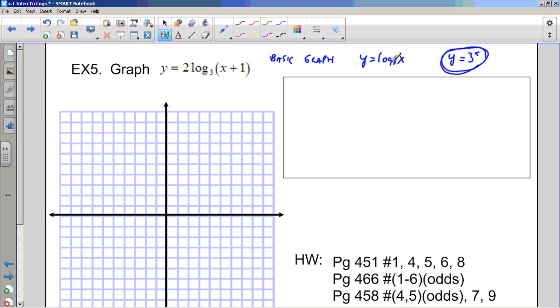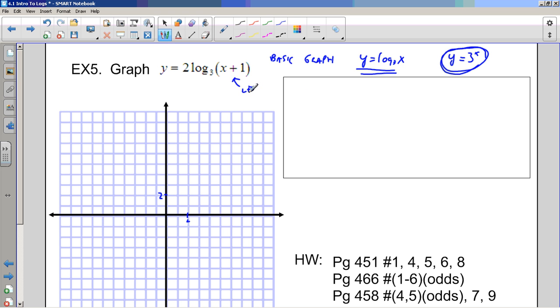So I'm going to sort of put in this basic graph just this time, I think, and then later, probably, I'm hoping that you'll be able to graph the basic log functions without any help. Because once I can graph the basic log functions, well, then this is familiar, right?